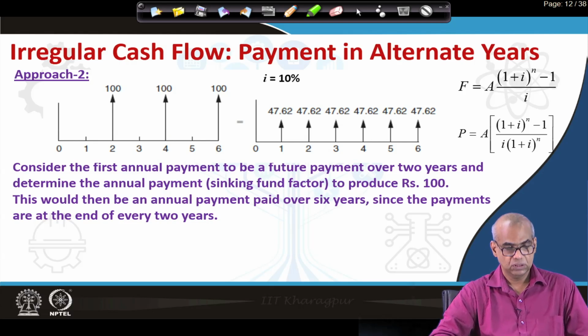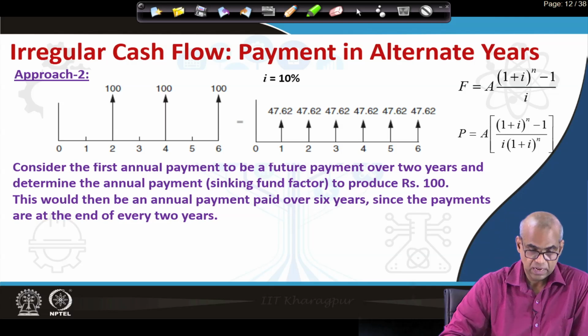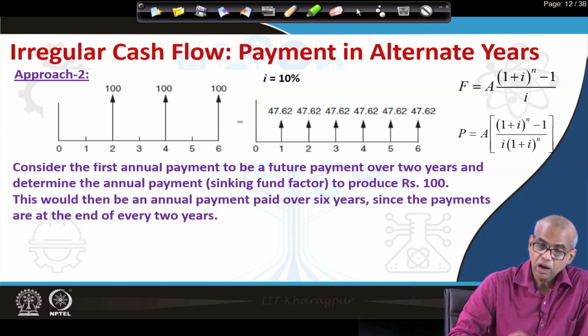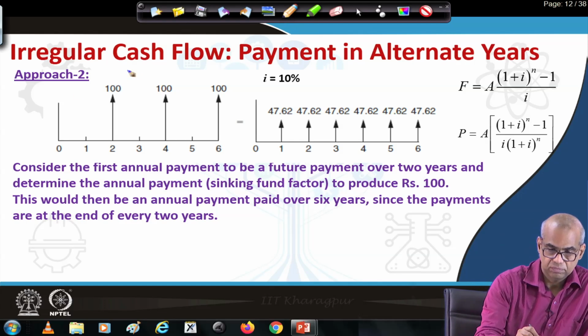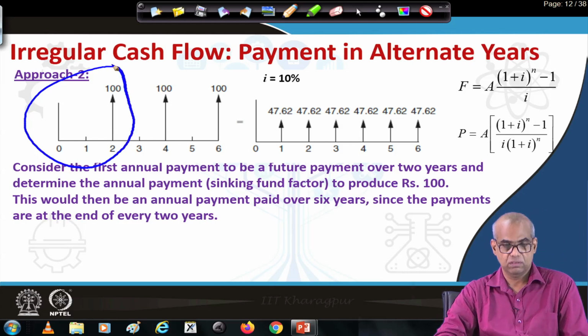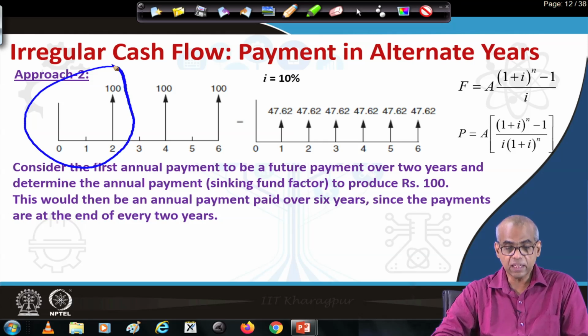The other approach: consider the first annual payment to be a future payment over 2 years and determine the annual payment to produce rupees 100. So, consider this, you have to produce rupees 100 at the end of the second year. So, consider the sinking fund factor and find out what should be A invested every year.